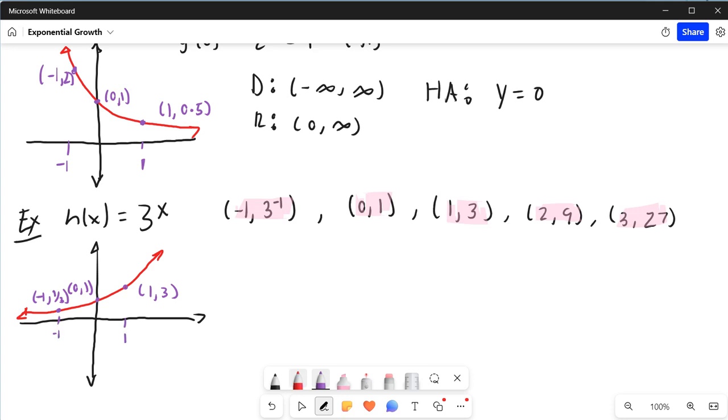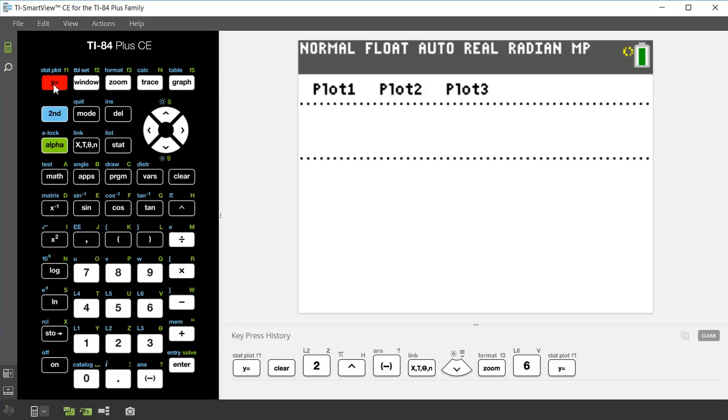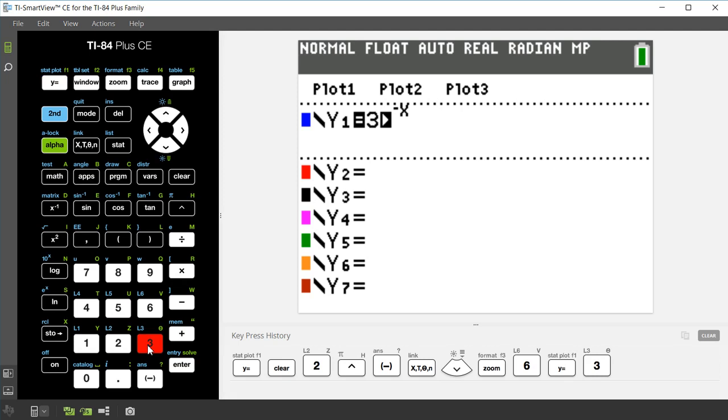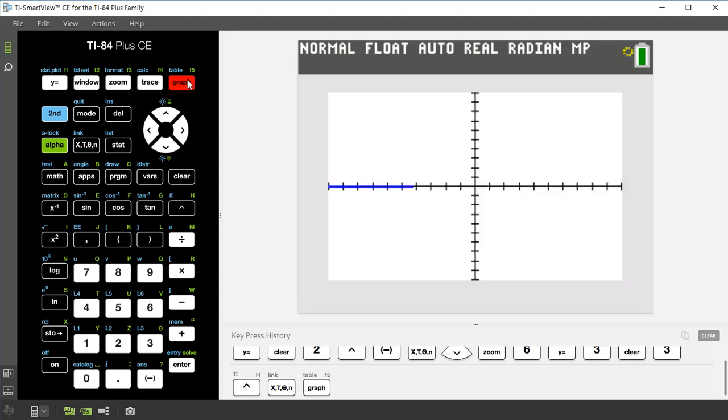And what you would see is that even if you analyze the domain of this one, it's still from negative infinity to infinity, and the range is from 0 to infinity. So here we have essentially the same graph. And if you wanted to, you could go back and change this graph to 3 to the power of x, and we go to graph, and you see we have more or less the same graph.